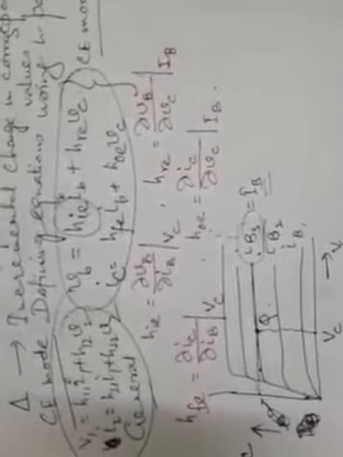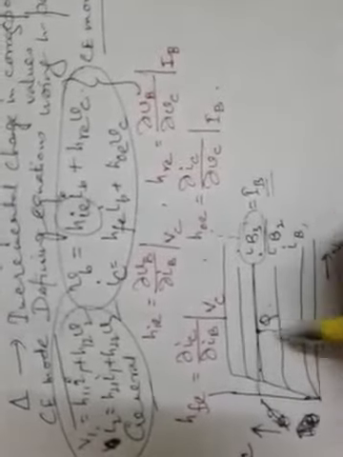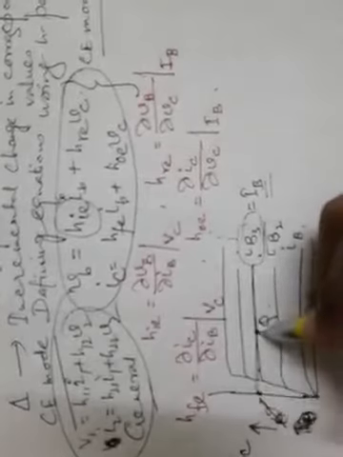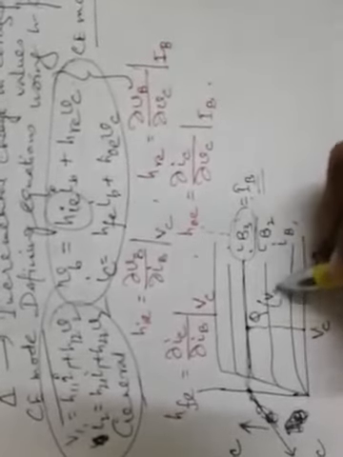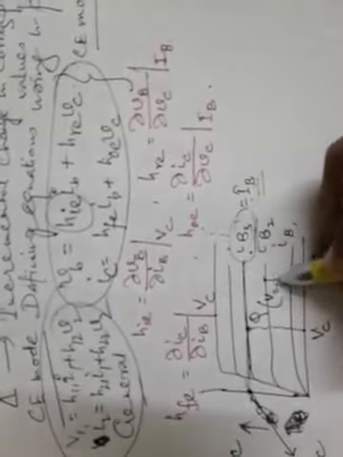From here the quiescent point Q, if we extrapolate on the y-axis, is actually capital IC, the collector current, and the corresponding curve will represent the quiescent base current. So this Q point will be represented by VC and IC.